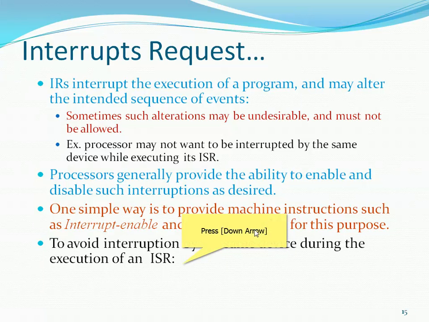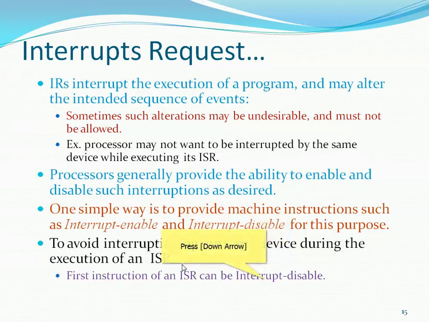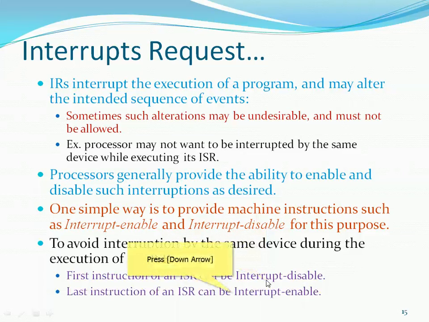To avoid interruption by the same device during the execution of an ISR, obviously the first instruction of the ISR can be interrupt disable. If you are executing any ISR or subroutine, at the beginning itself you have to execute an interrupt disable instruction, and the last instruction should be interrupt enable. It means that during this ISR execution no other device can disturb or get service from the processor.